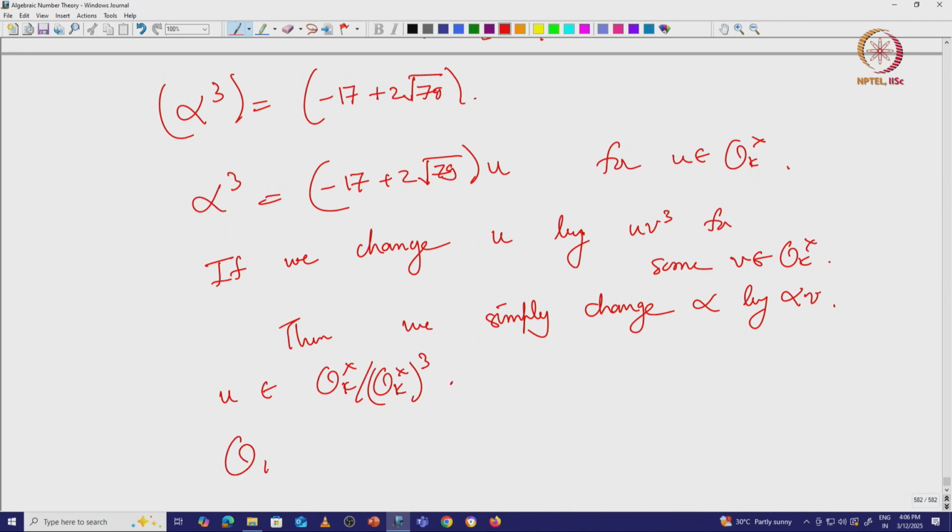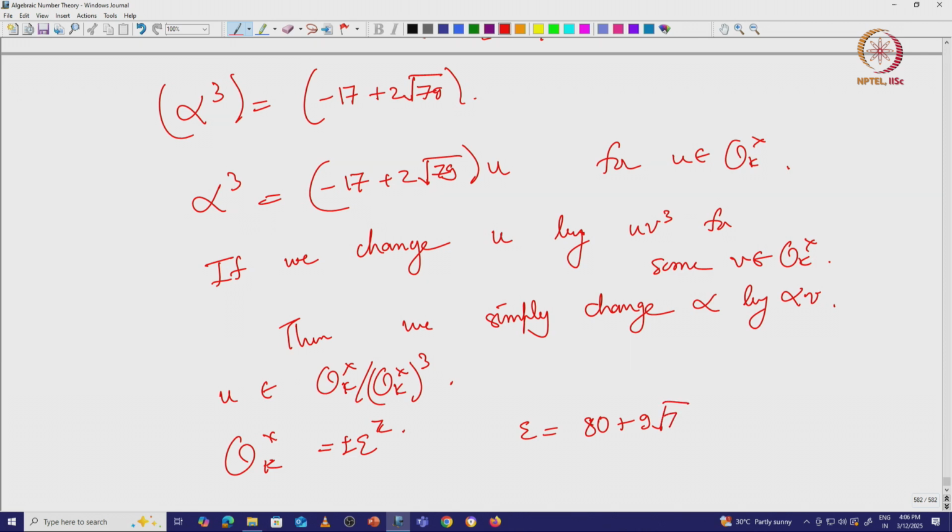But what is OK cross? This is plus minus epsilon to the z, where epsilon is equal to 80, not 18, 80. So, here is a fundamental unit that is not entirely trivial to find.